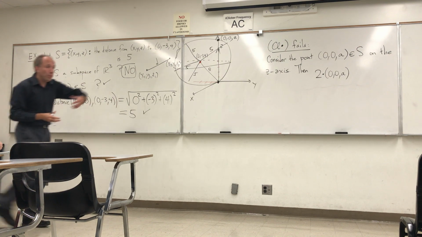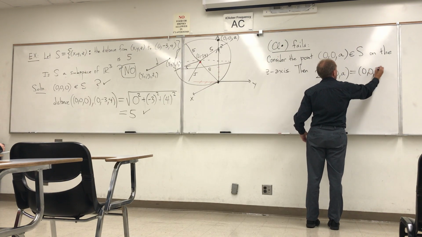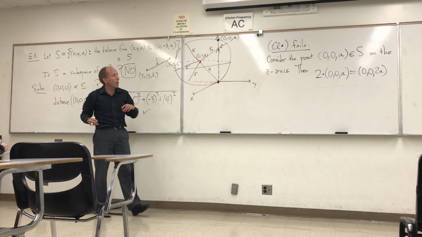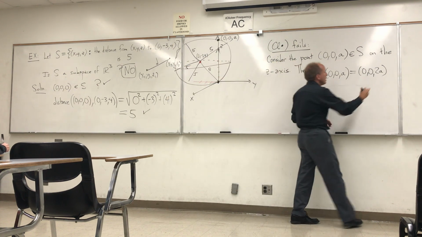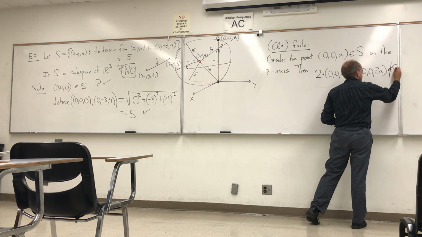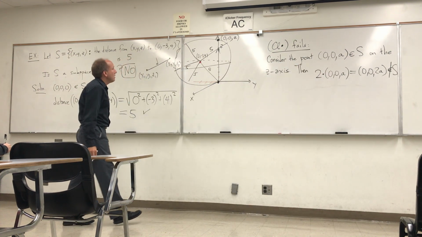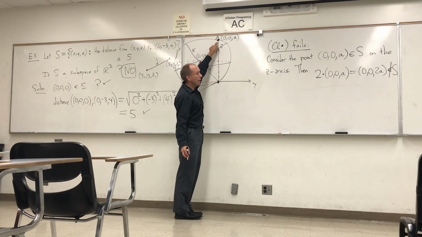What that's going to give you is a new point, which is the point 0, 0, 2A. You're just doubling the coordinates of the point, so you just multiply through by 2 here. Well, you get something that is not in S anymore. Okay, and you can see that geometrically because it's farther up the z-axis than this point was, right?